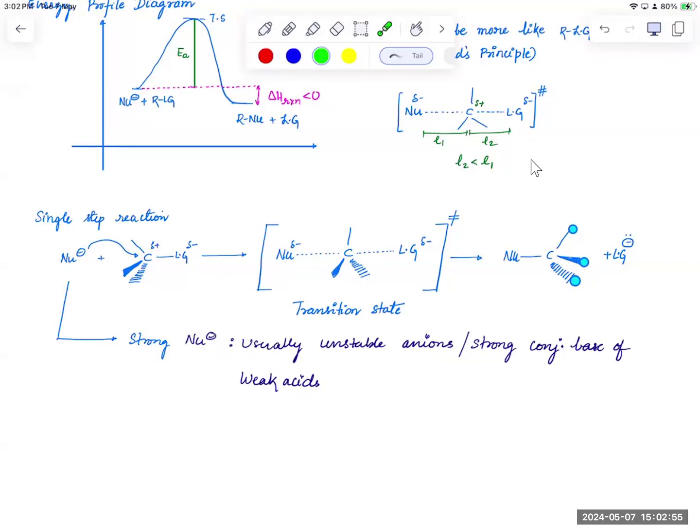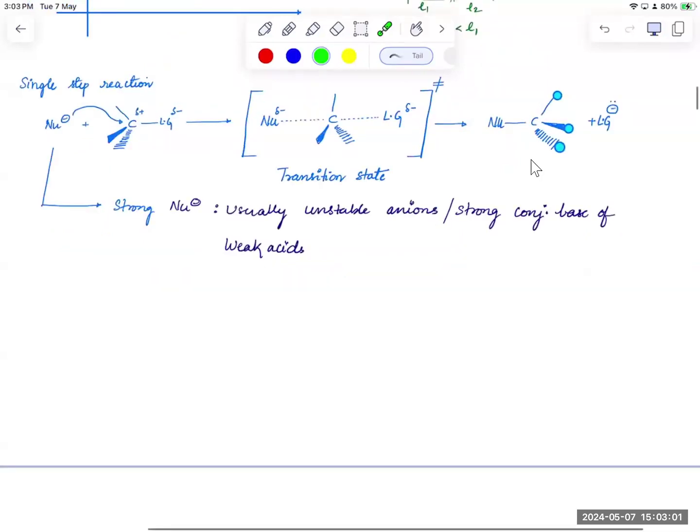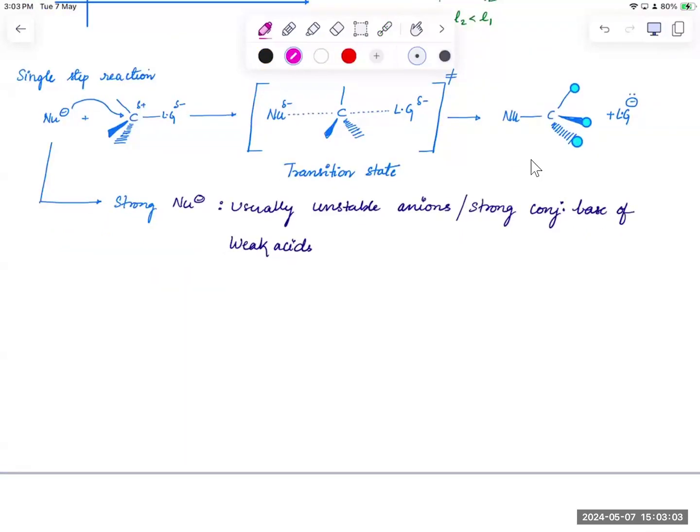Okay. So usually unstable anions, which are strong conjugate bases of weak acids, only act like strong nucleophiles. So to assess strong nucleophiles, I would say I minus is pretty strong. Br minus, N3 minus. Okay. N3 minus is a very strong nucleophile.